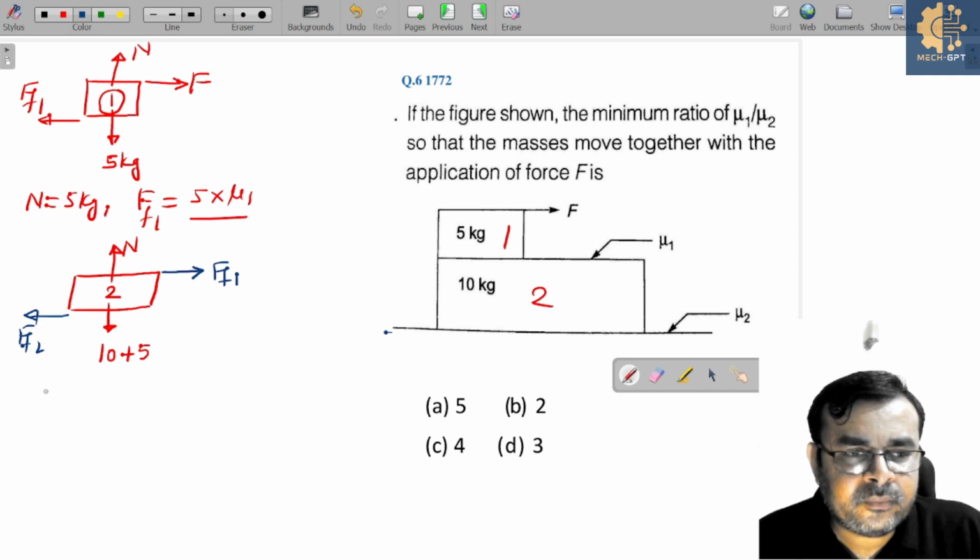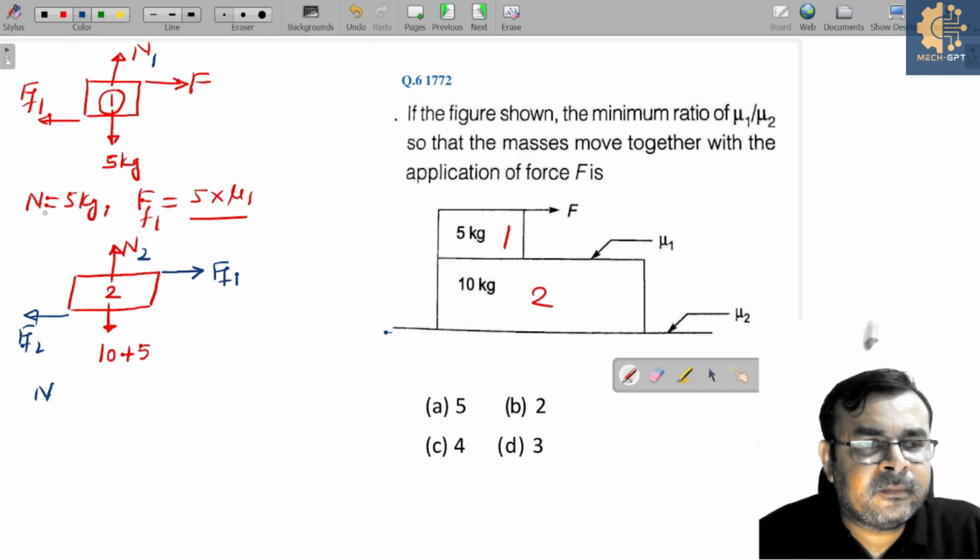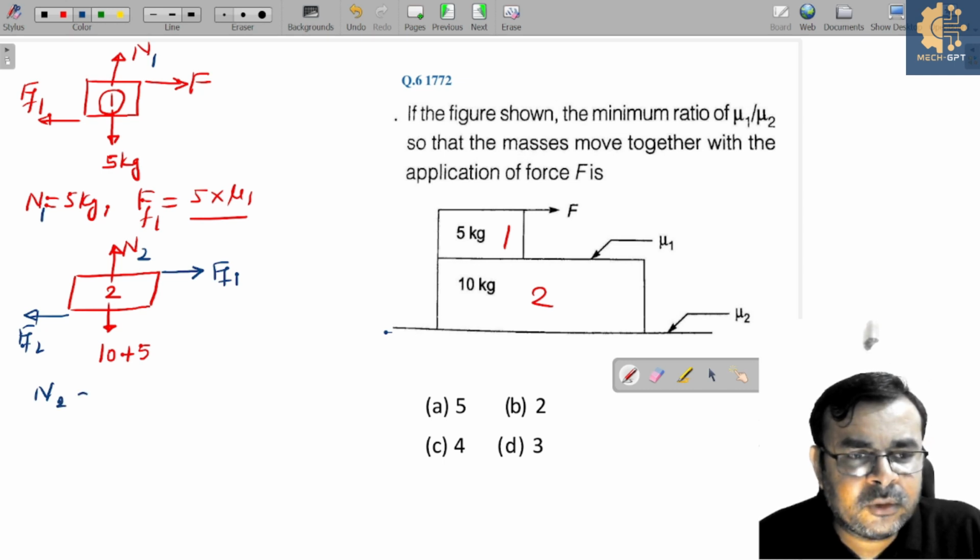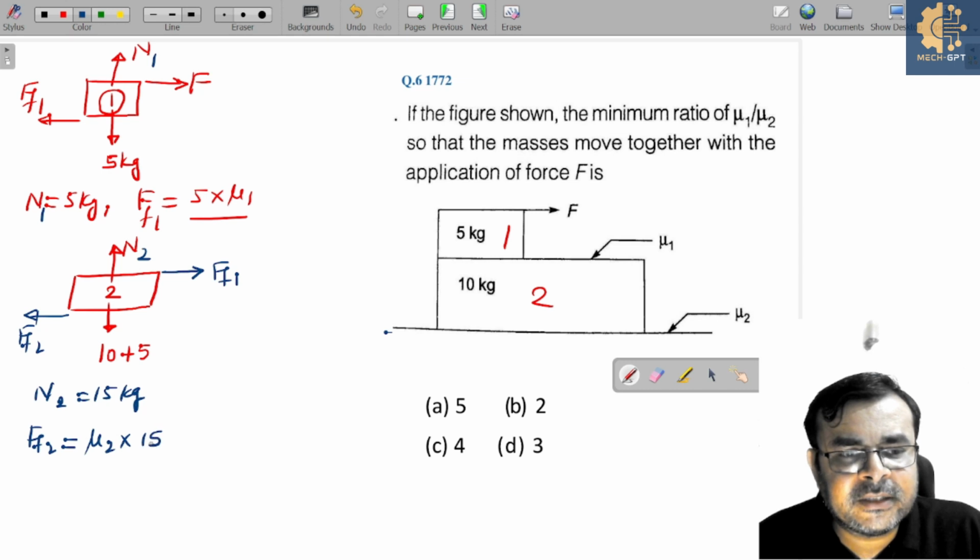So let's say this is N2 and this is N1, correct? So N2 is nothing but 15 kg. So FF2 can be written as mu2 into 15 kg.